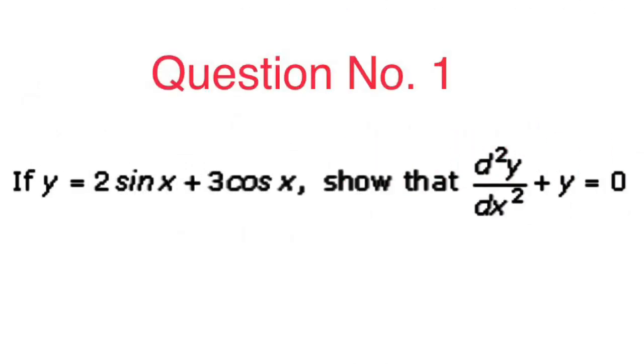Now we are going to solve some questions based on higher order differentiation. So question number 1. If y equals to 2 into sin x plus 3 into cos x, then show that d square y upon dx square plus y equals to 0.